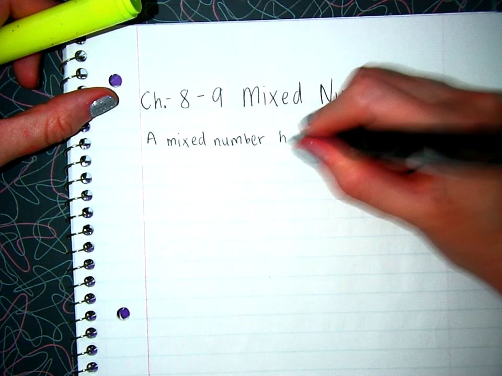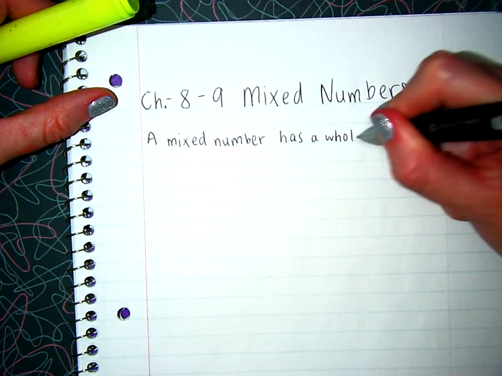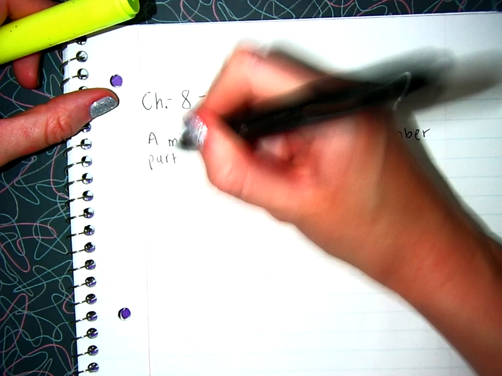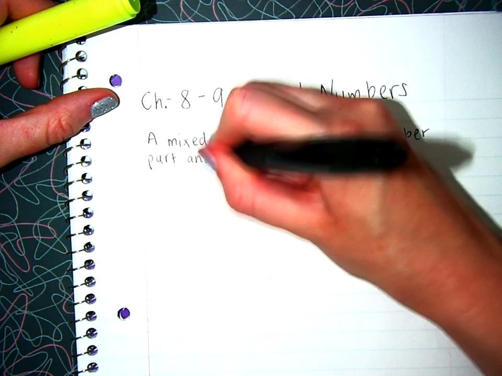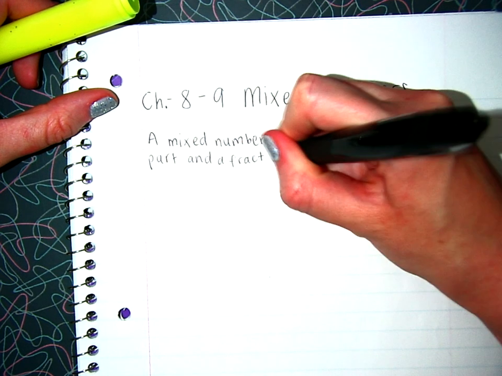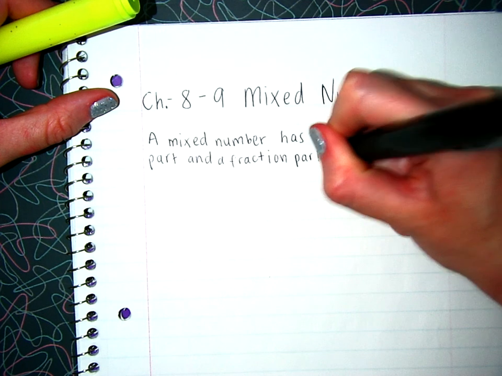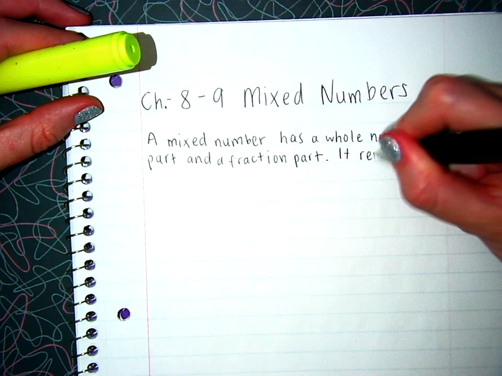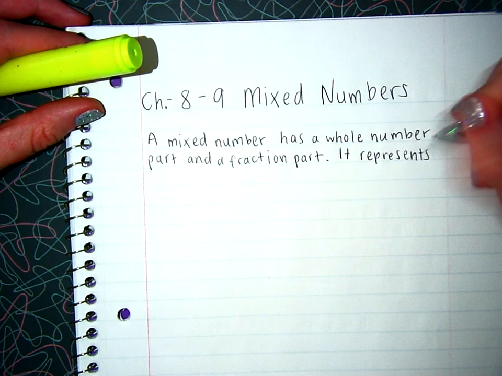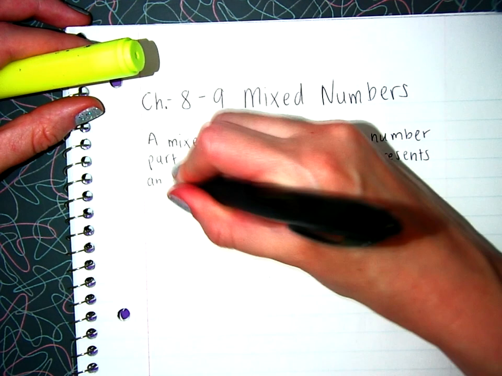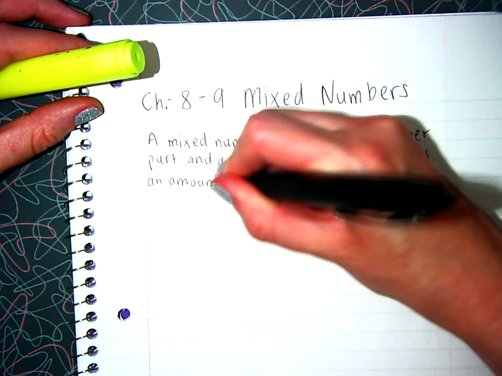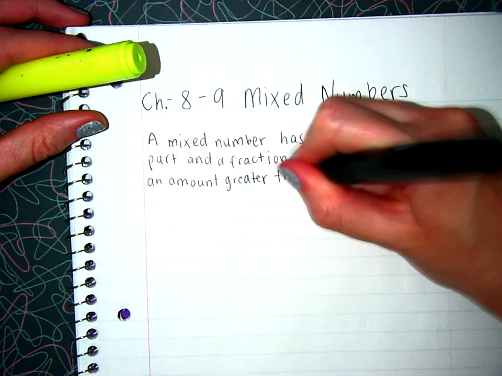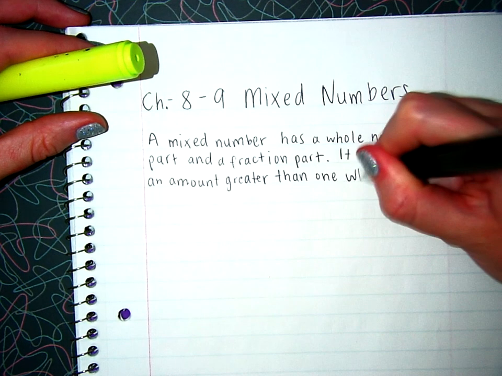A mixed number has a whole number part and a fraction part. It represents an amount greater than one whole.